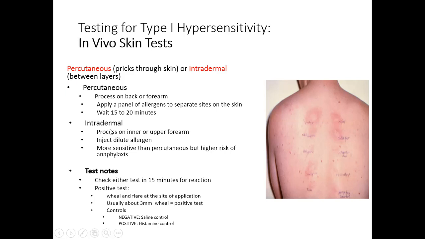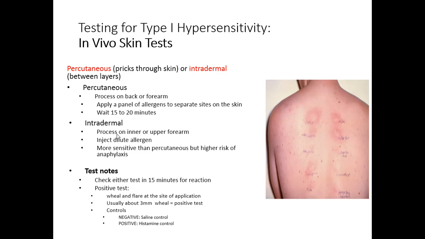Intradermal is done very similarly, but it's done on the inner or upper forearm, and I'll tell you why in just a minute. We're going to inject a very dilute allergen, probably 100 to 1,000 times more dilute than the percutaneous. And the reason we do that is because we're injecting it under the skin, and it's going to go right into the vasculature.